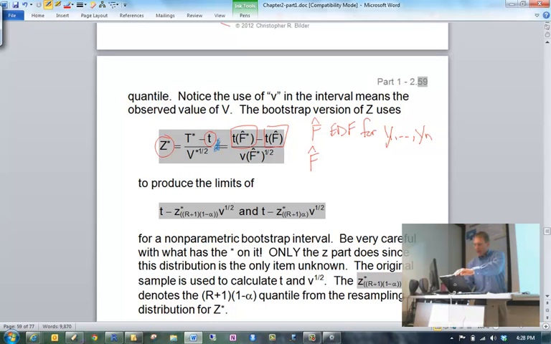Then F hat star in our book's notation is the EDF for Y1 star down to Yn star. So it's just the EDF of a resample. So what this notation emphasizes is the fact that you've had to calculate this quantity on the resample data.